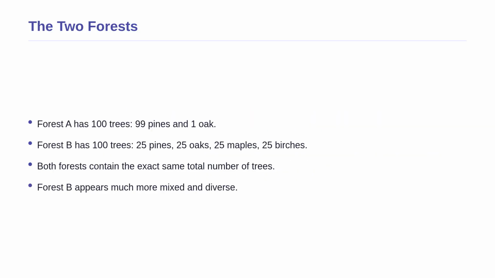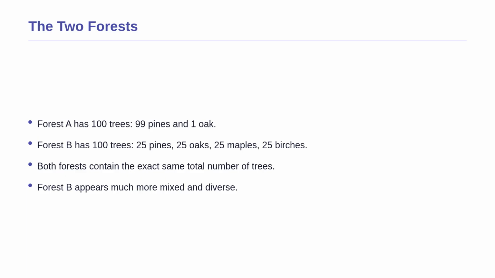Let us begin by imagining you are walking into two different forests. Forest A has exactly 100 trees, but 99 of them are pine trees and only one is an oak tree. Now, imagine Forest B. It also has exactly 100 trees, but it is evenly split with 25 pines, 25 oaks, 25 maples, and 25 birches.